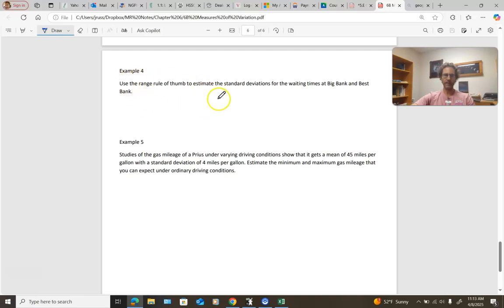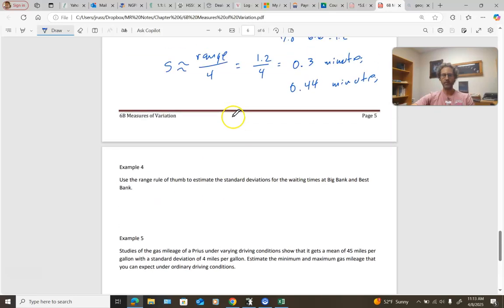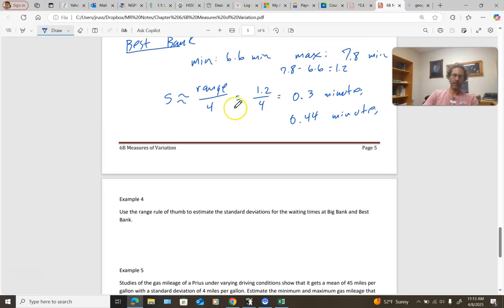Well, we did example 4. It says use the range rule of thumb to estimate the standard deviations for the waiting times at Big Bank and Best Bank. We did that above. I'll just go ahead and recopy it real quick. So for Big Bank, we came up with 1.725 minutes, from above.